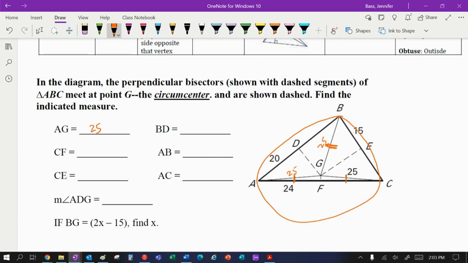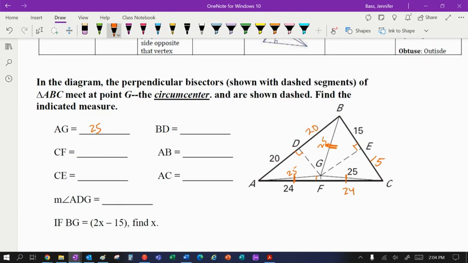Since these are all perpendicular bisectors, these are all hitting at right angles, which means that we can also use the Pythagorean theorem to find some other sides. And since they're perpendicular bisectors, the sides of the triangle are bisected. So this is 15. Both of these are 24. Both of these are 20.